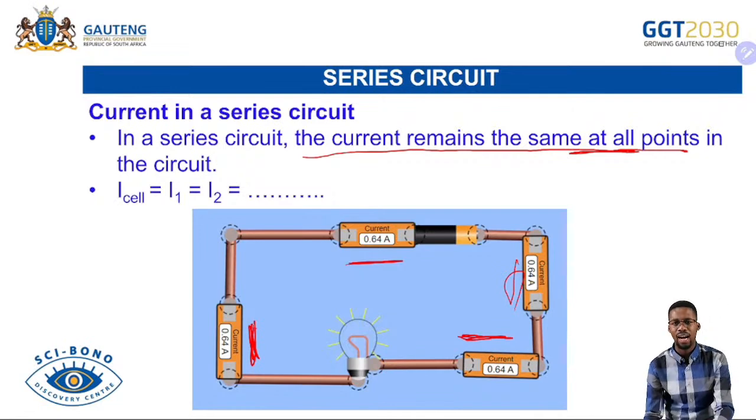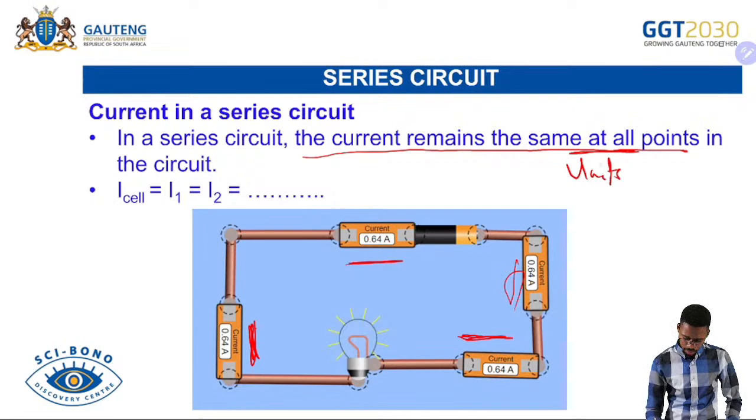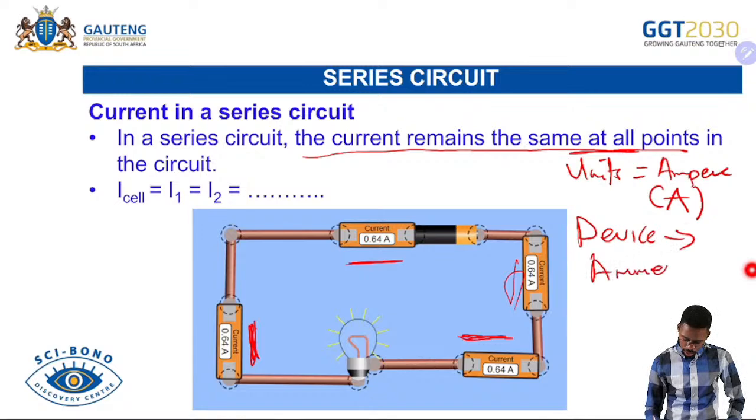The units for current are amperes, and the symbol is A. The device that we use to measure current is called an ammeter.